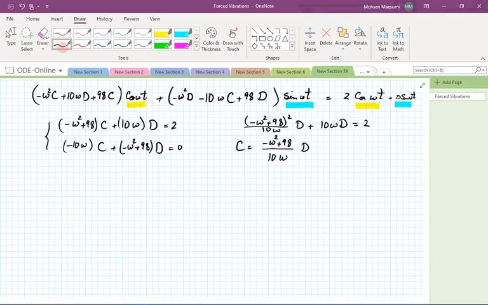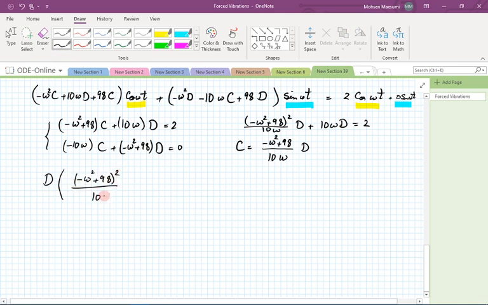What do we do? Here we take the d, take a common factor, and then in the parentheses I have minus omega squared plus 98 over 10 omega, and then another 10 omega. All of this thing is equal to 2. When I square this thing, it becomes d 10 omega.